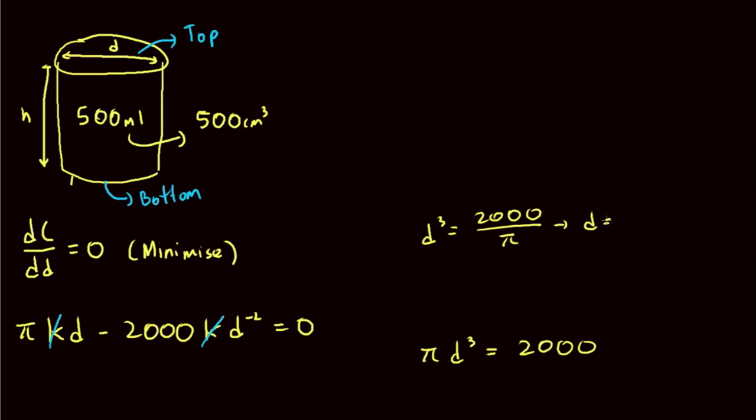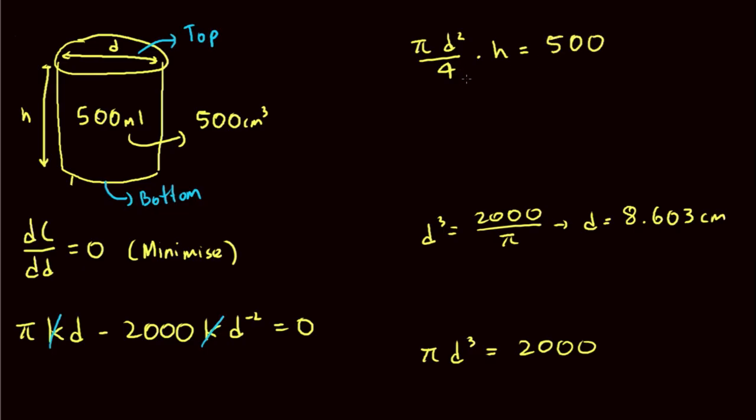If you take the cube root of 2000 over pi, the value would be 8.603 centimeters. So this is your value for d. Then how about the value for h? Remember that we found that pi d square over 4 times h was equal to 500.